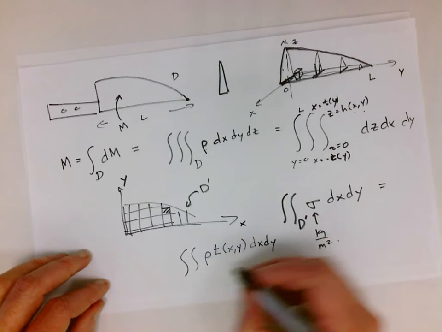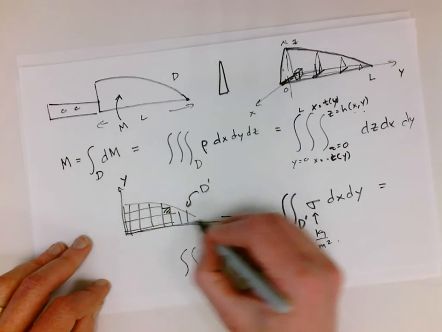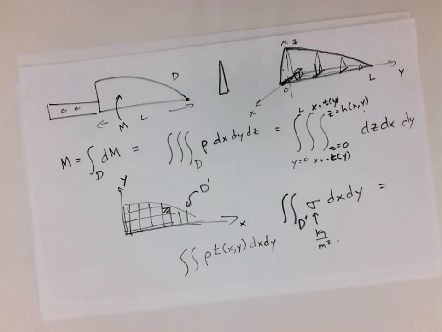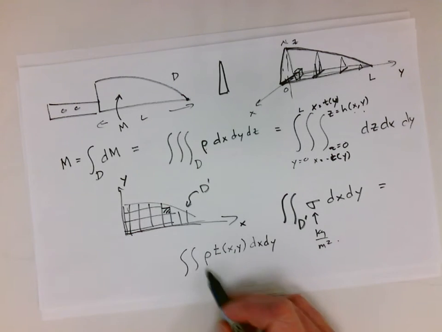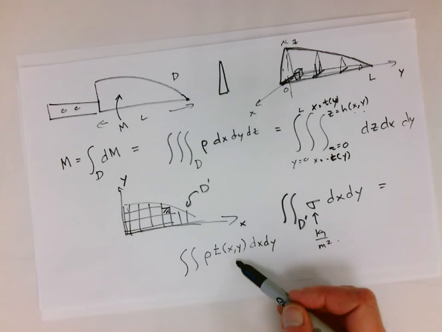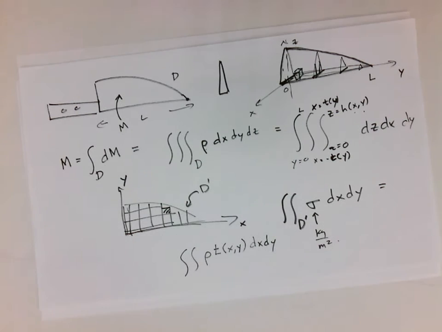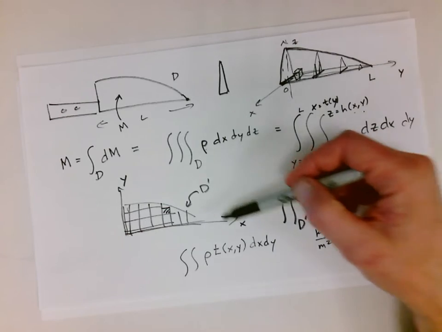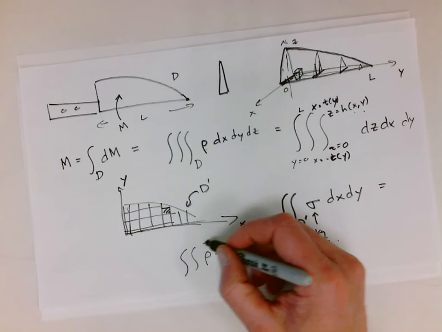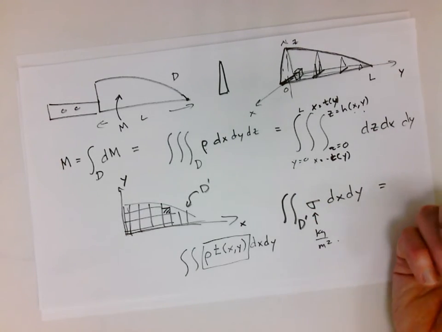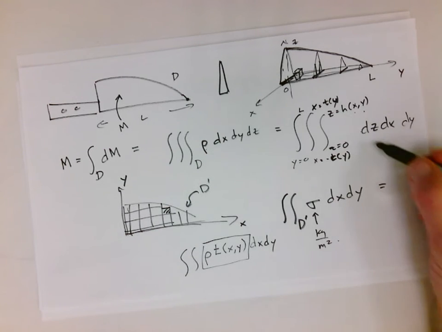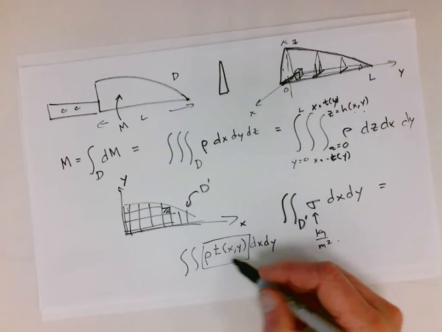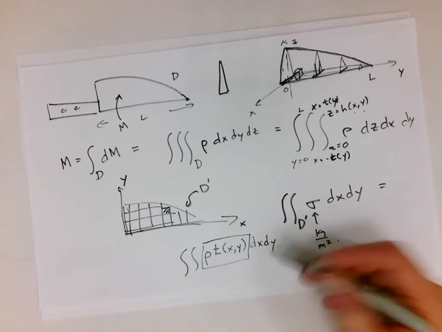And again, I would integrate from here to here and then from here up to here, same type of game. But notice that I've framed the problem differently by choosing to integrate over a two-dimensional domain instead of the three-dimensional domain. When I chose to integrate over the two-dimensional domain, my integrand became more interesting. Here my integrand is 1, or rho, I should say. Here my integrand is rho times some function of x and y, but I should get the same answer.